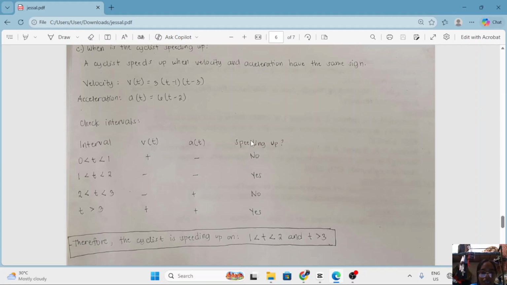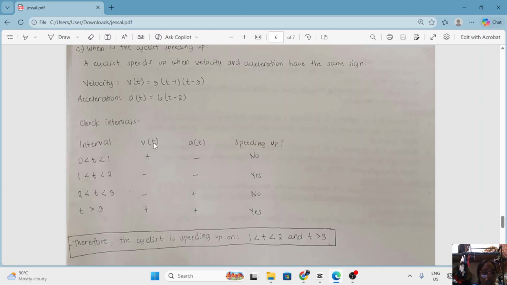Notice our velocity v of t is equal to 3 times the quantity t minus 1 multiplied by the quantity t minus 3, and our acceleration a of t is equal to 6 times the quantity t minus 2. So we have to check the intervals to show whether it speeds up or not.